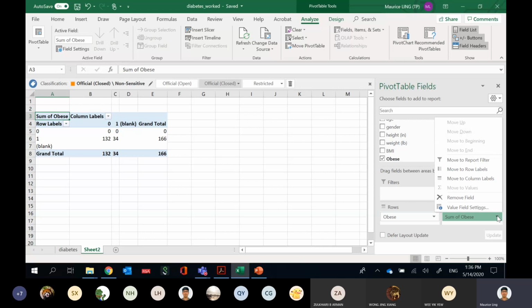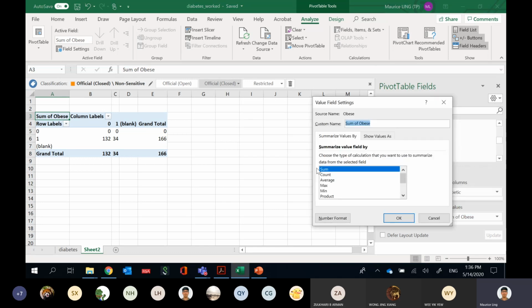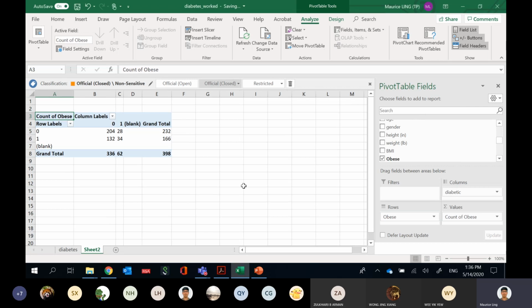I click on it. I can change the value field settings. You click on change value field settings. You change it to count. Here I have sum, count, average, and so on. I change it to count. Change the second one to count. Then click OK. So this is the count.